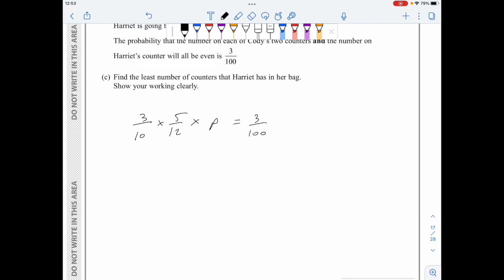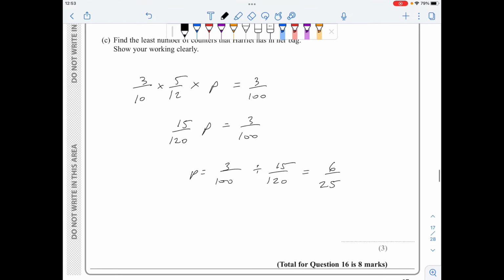Now let's try and solve for P. 15 over 120 P is 3 out of 100. So P is 3 over 100 divided by 15 over 120. So this gives me 6 out of 25.